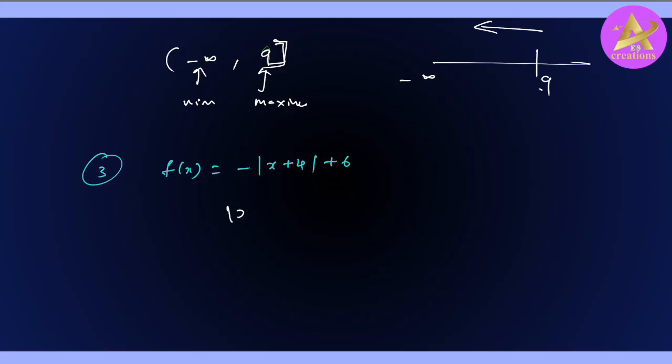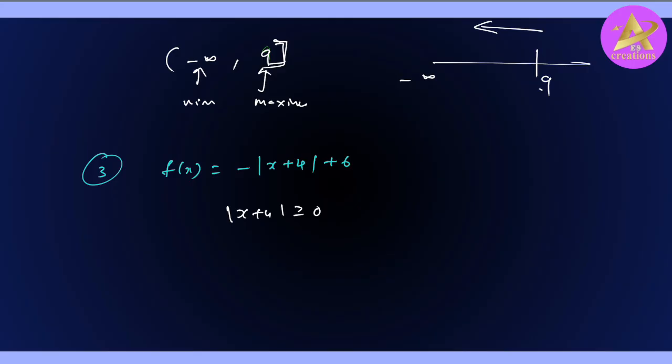That means mod of (x plus 4) is always greater than or equal to 0. Whatever x values you substitute inside the mod, it always makes it positive. Modulus never gives negative values, so it should always be greater than or equal to 0.